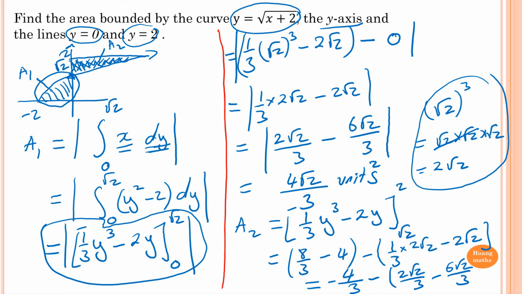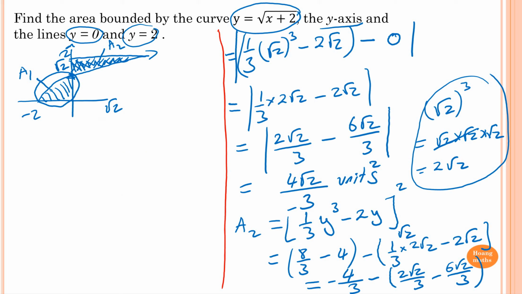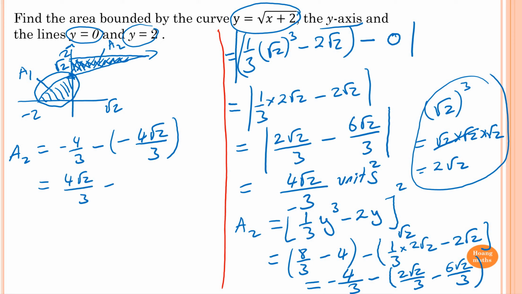Sorry, I ran out of space, so I cleared this first. A2 gives minus 4 over 3 minus, and then minus 4 root 2 over 3.